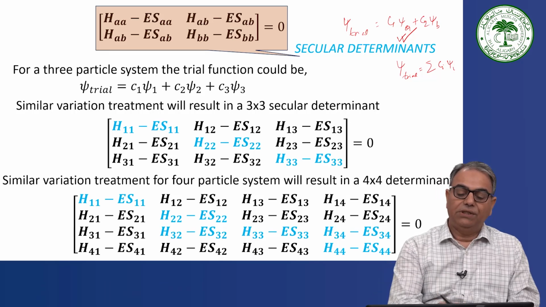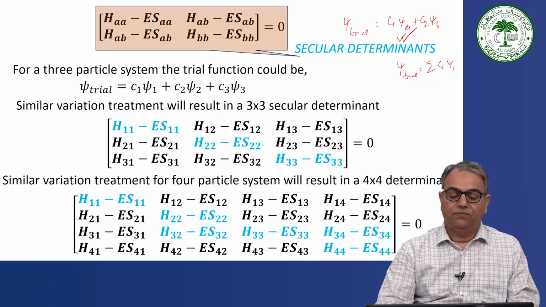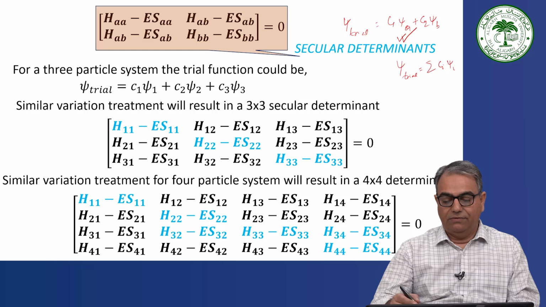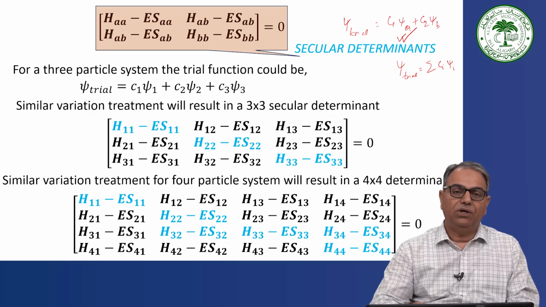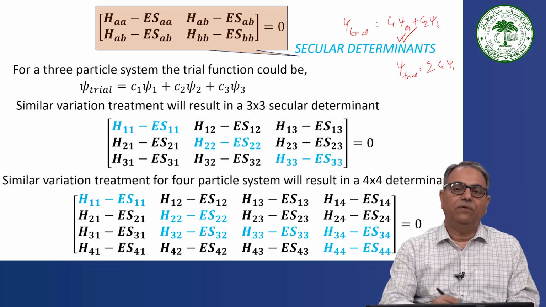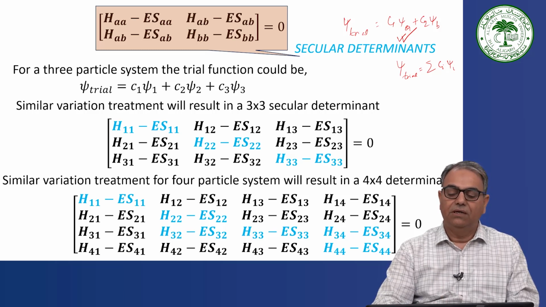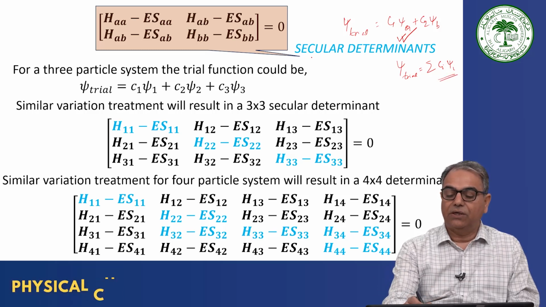So you will have a 3 by 3 determinant for such a system. If you go for a combination of 4 orbitals or functions, then you will get a 4 by 4 determinant. If you go for a summation of 6 functions, then you will get a 6 by 6 determinant. And all these determinants are called secular determinants.